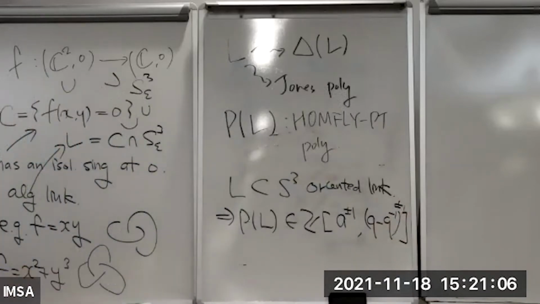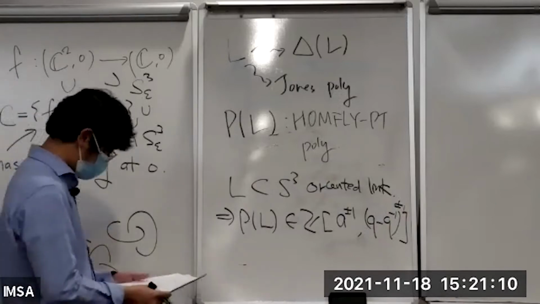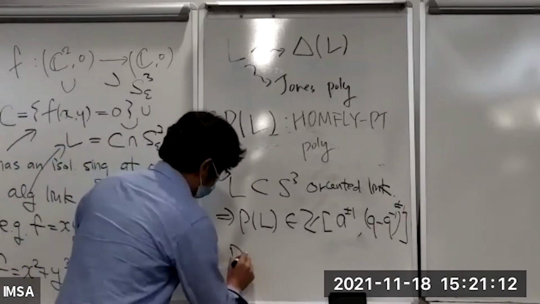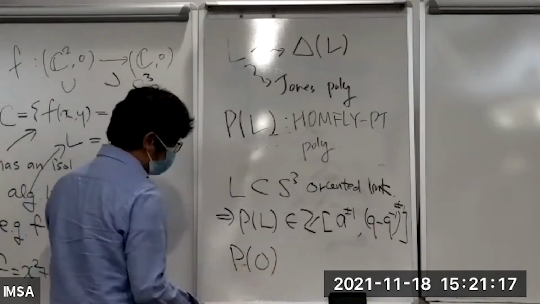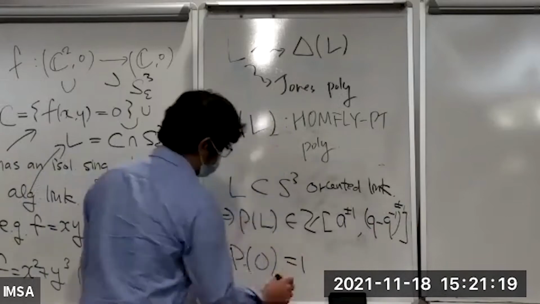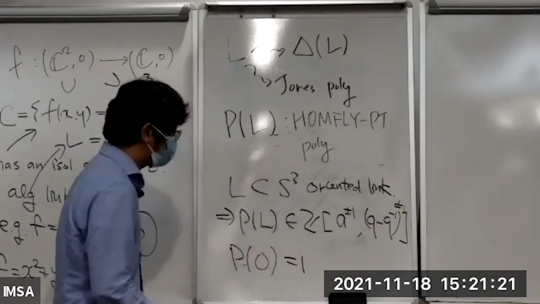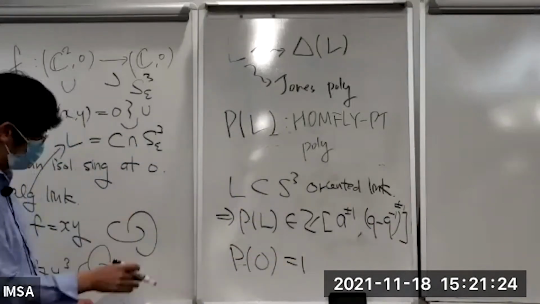It satisfies skein relations. Let me not define this, but anyway, I normalize my HOMFLY polynomial of the unknot to be 1, and then this kind of relation holds for the HOMFLY polynomial of the link.